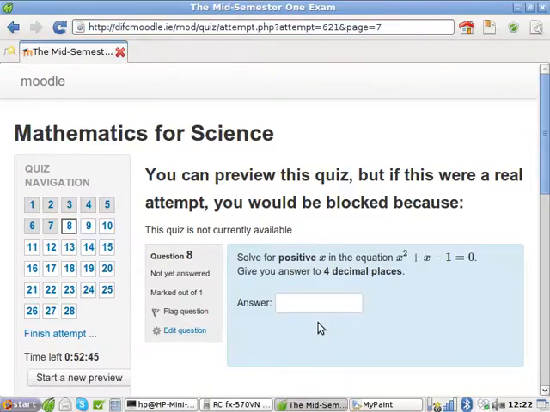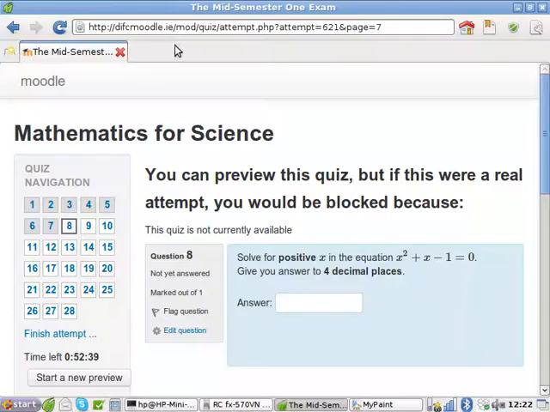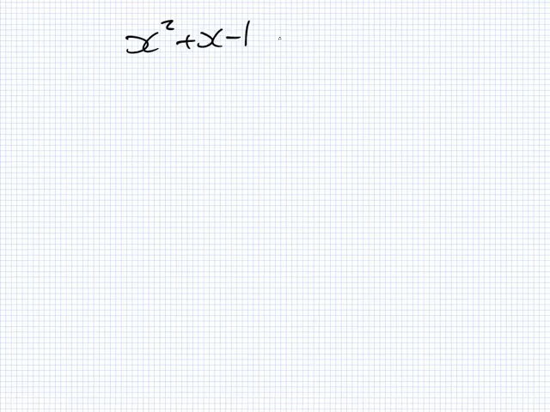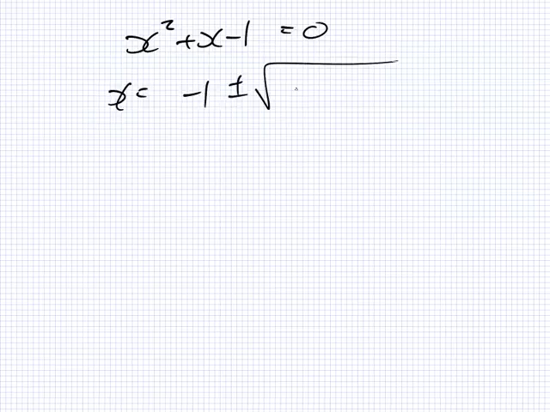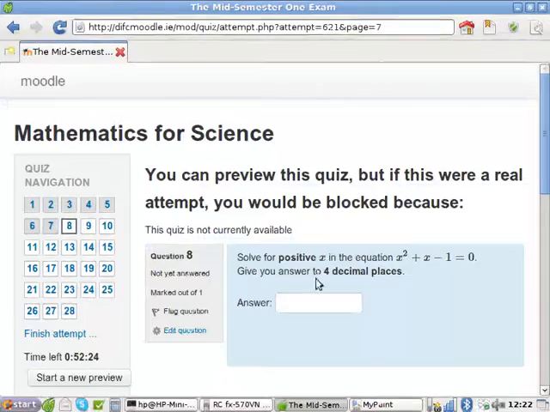Solve for x. x squared plus x minus 1. And how many places? 4. So x equals minus b plus or minus square root b squared minus 4ac over 2a. So I get 2 answers, but I only want the positive answer.